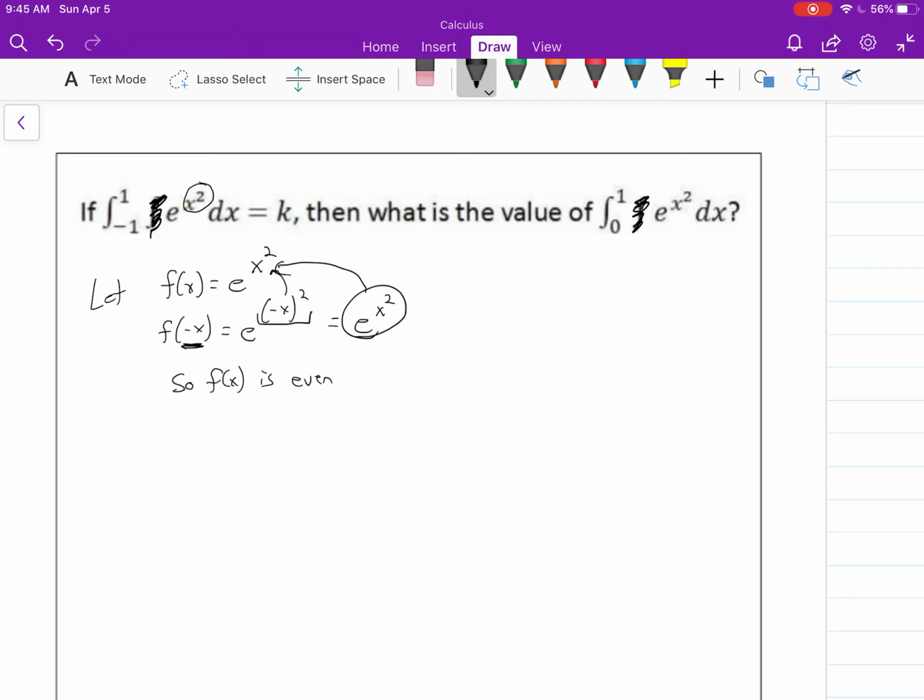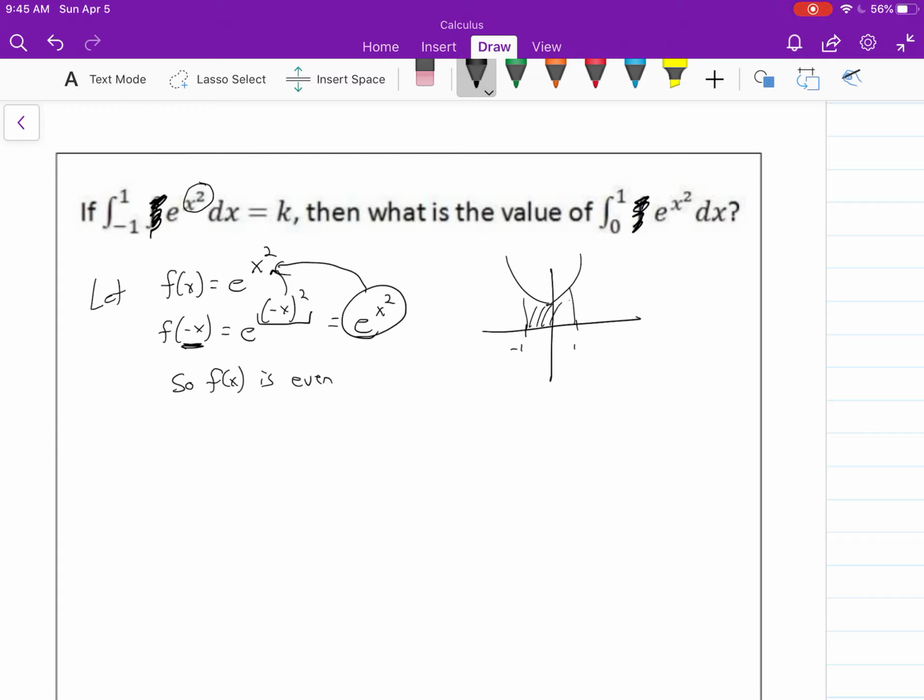All right, so once again, if it's even, we might not know what e to the x squared looks like, but we know that it's going to be the same on either side of this axis. So maybe it looks something, I don't know, like a parabola.